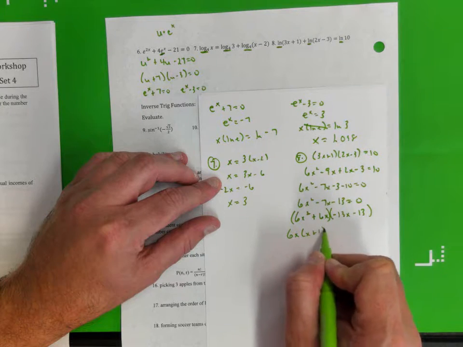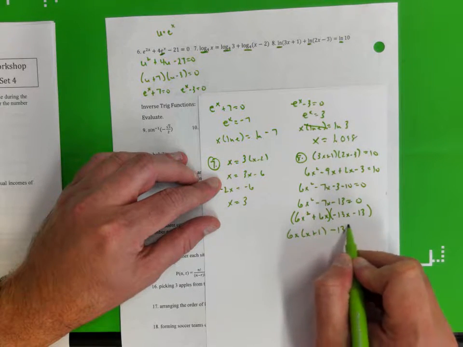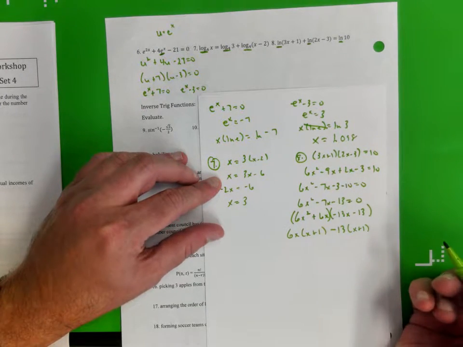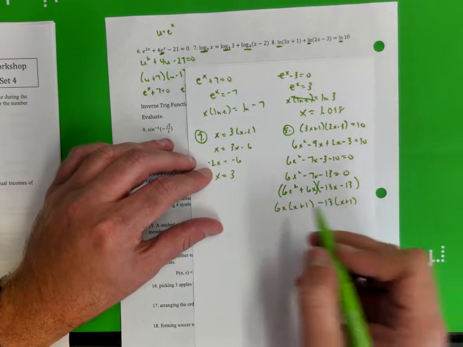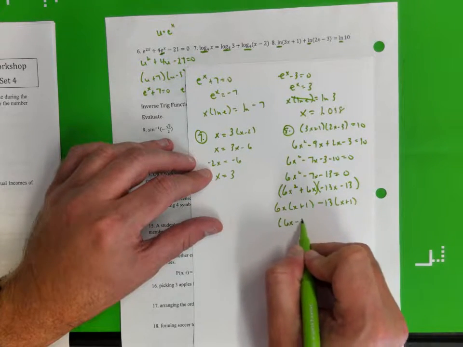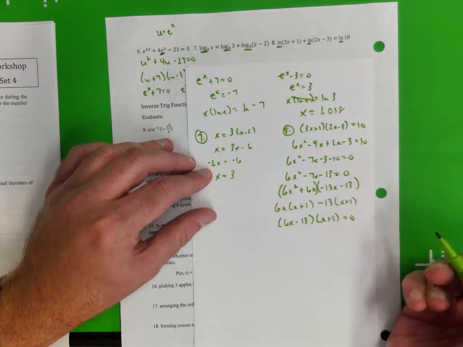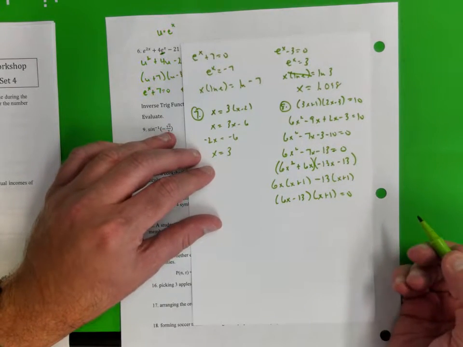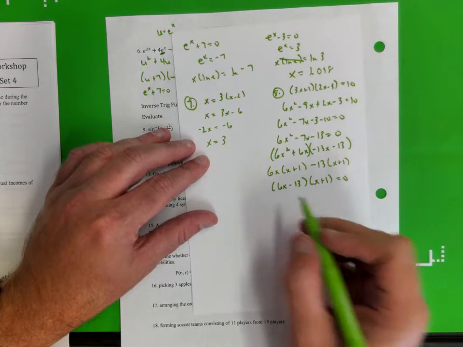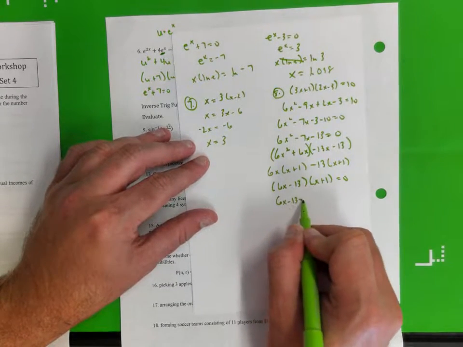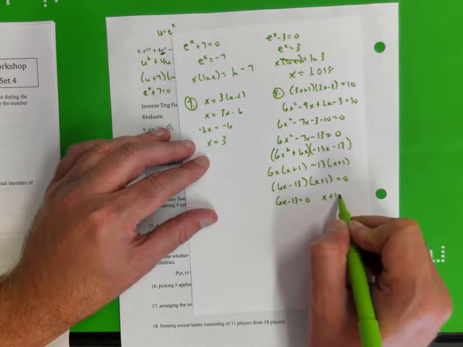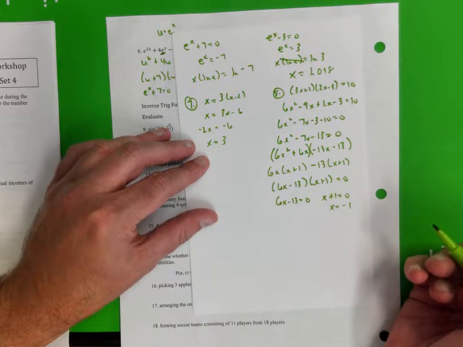That leaves an x plus 1. Here I take a negative 13. That gives me an x plus 1. So I'm left with 6x minus 13 times x plus 1 equals 0. Set both of them equal to 0. I get x equals negative 1.